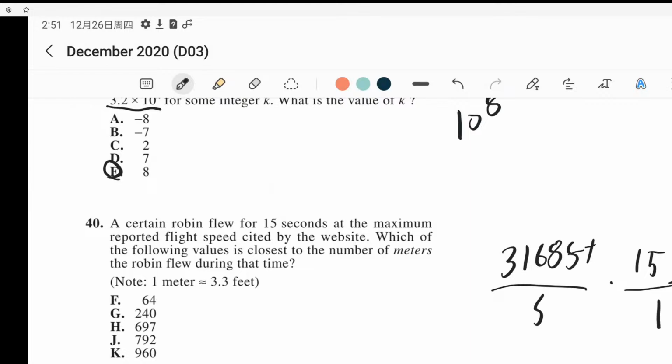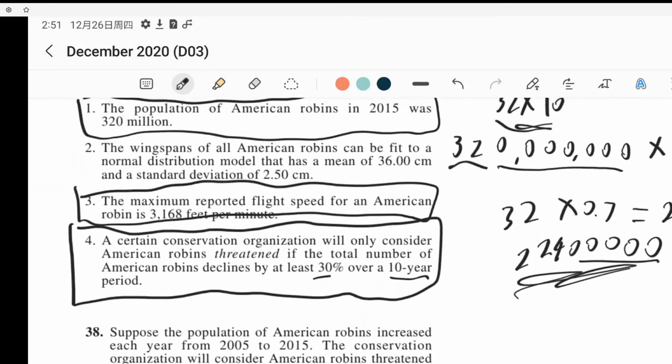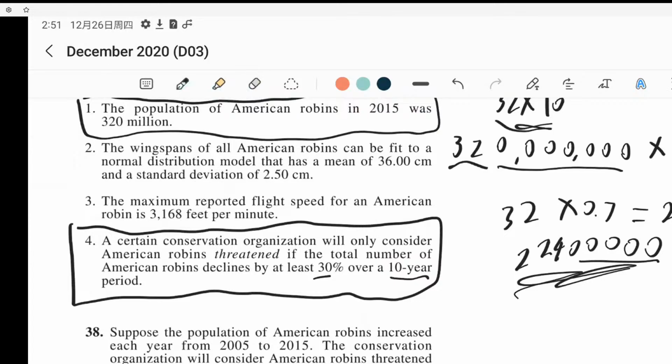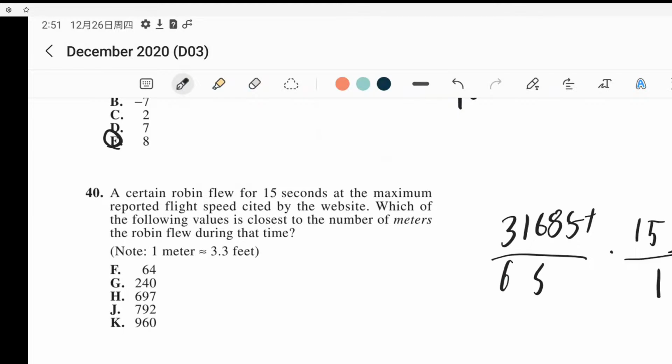This is not correct. Which of the following values is closest to the number? Per minute. We missed the information. So this is not per second. Yes, we do have to be careful.